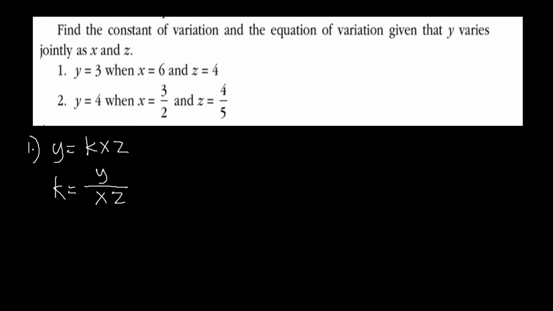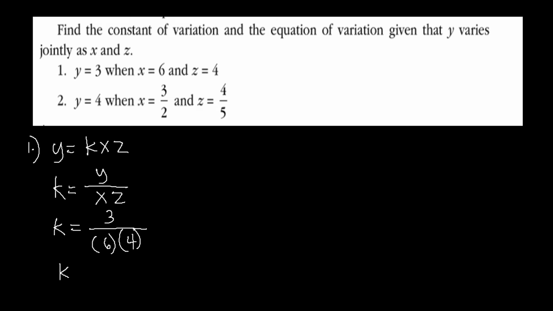Pwede kang mag-direct substitute ng mga given, pero mas madali kapag meron ka ng equation ng constant of variation. So, substitute natin yung mga values. What is our y? 3. At yung ating x is 6. At yung ating z is 4.